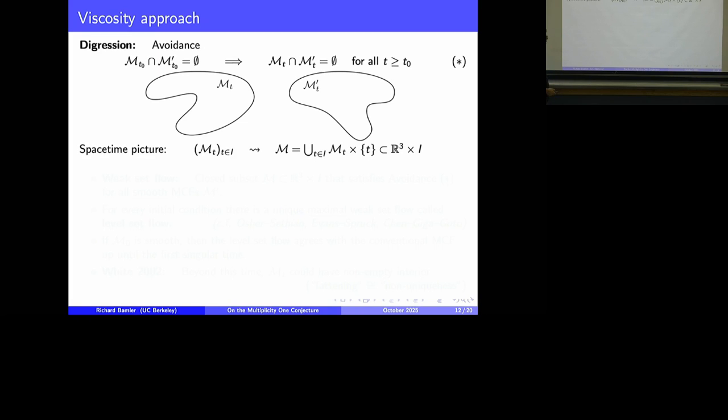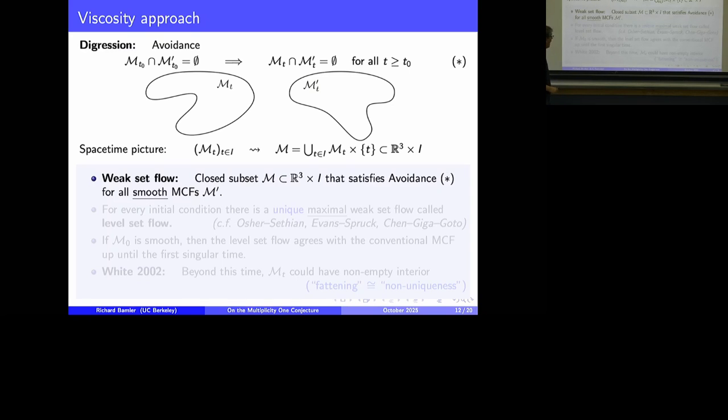And to do this, I'm going to pass to the space-time picture. So I'm not thinking of a mean curvature flow now as a family of hypersurfaces. Instead, I'm looking at their space-time track. So I'm thinking of it as a subset in space-time. And then I can now define this weak formulation, which is called a weak set flow.